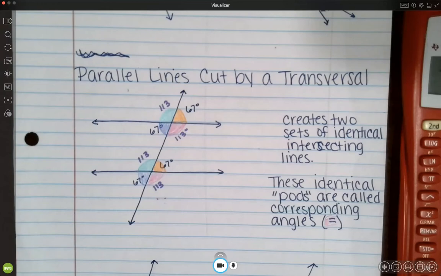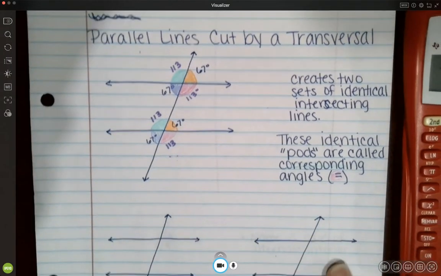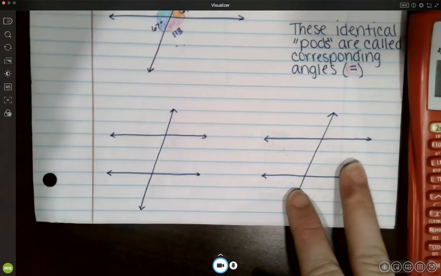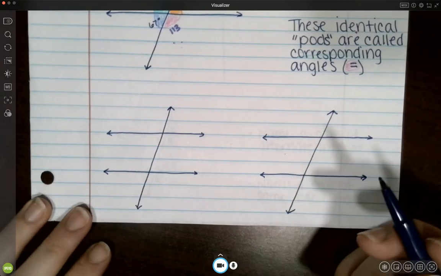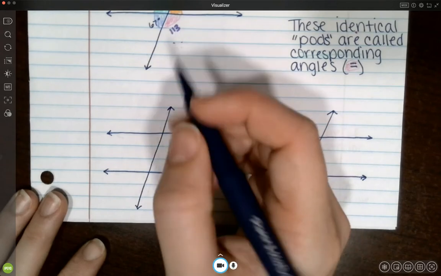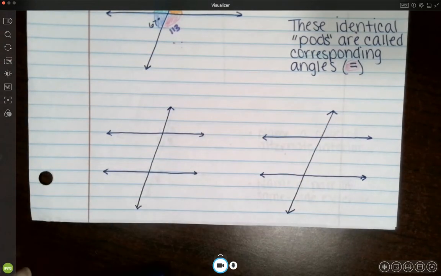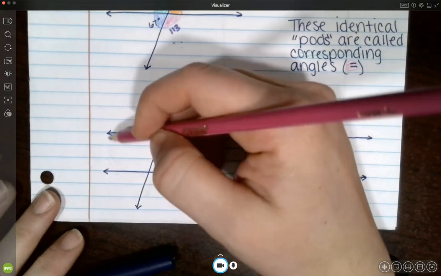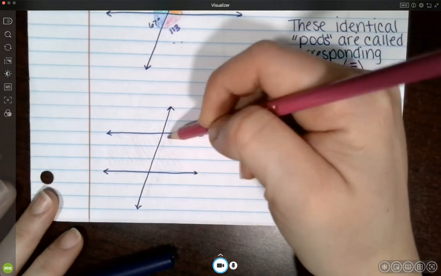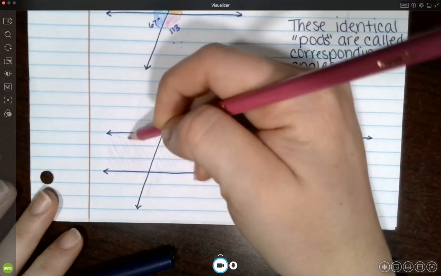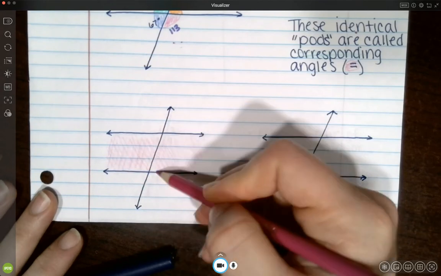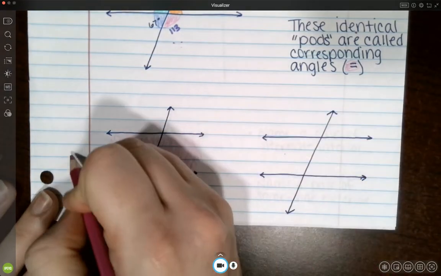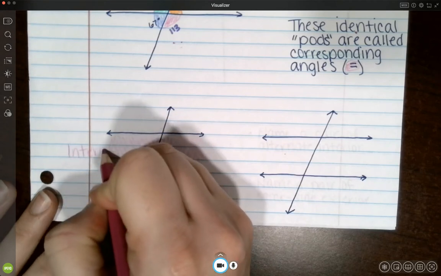This transversal also creates two other terms. One of the terms that's created is going to be called our interior and exterior. Our interior is the space between the parallel lines.